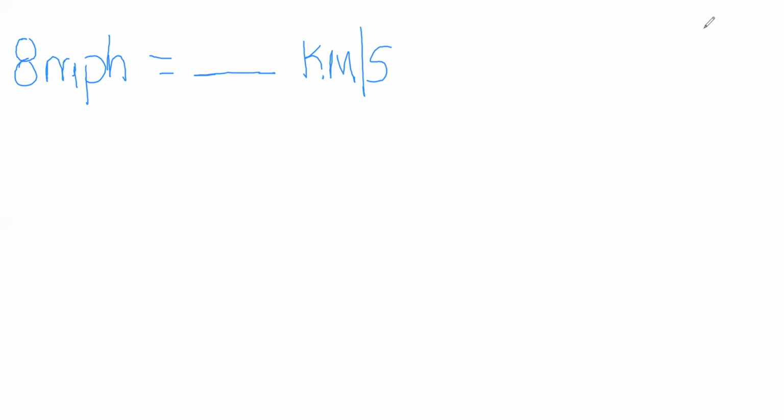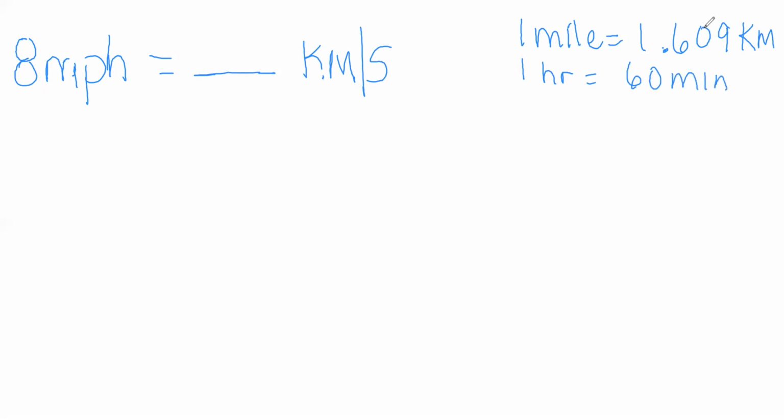All right, so conversion factors. 1 mile is equal to 1.609 kilometers. And the time conversion is 1 hour is equal to 60 minutes. 1 minute is equal to 60 seconds. All right, so start with what you were given, 8 miles per hour.